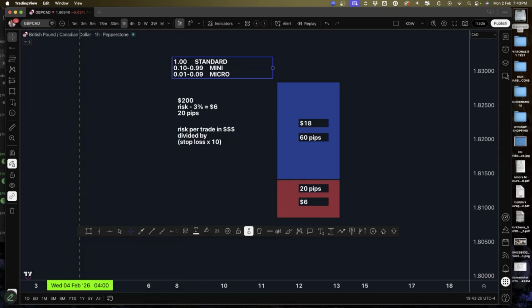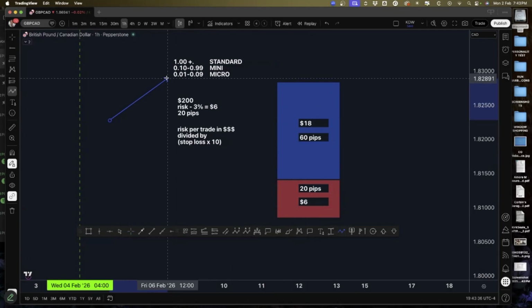All right, one person for micro, two for micro. All right, awesome. Yeah, absolutely correct. That is a micro lot. All right, and I mentioned each micro lot is worth, let me know, put in the chat if you remember what I said. Each micro lot is worth how much in dollars?